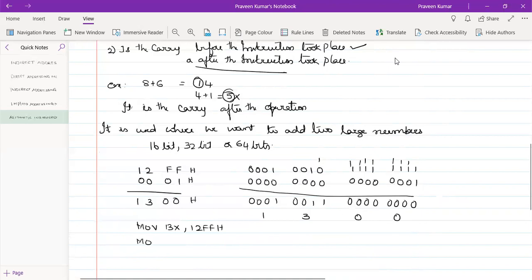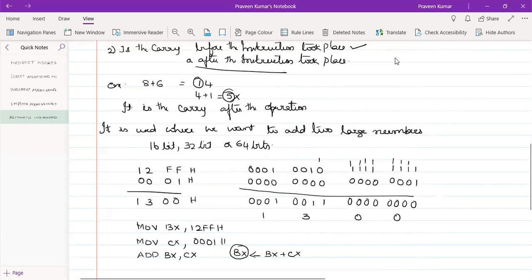Then move CX, the value 0001H. So I can directly add BX comma CX. What does this instruction do? It will add BX plus CX, and that addition will be placed in the DX register.